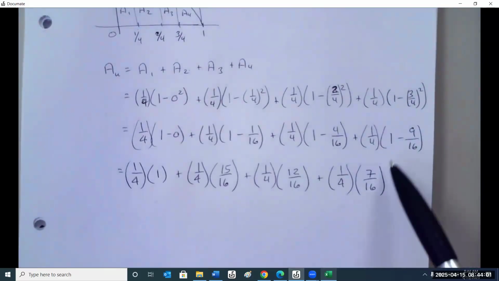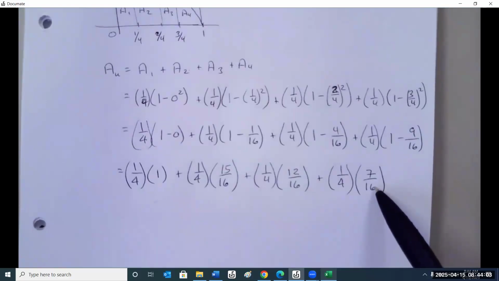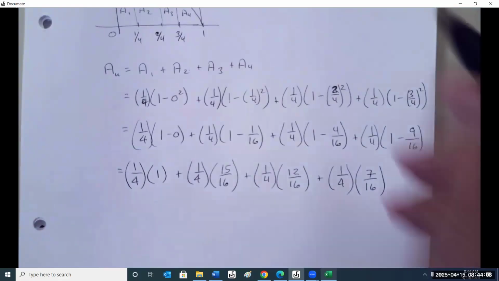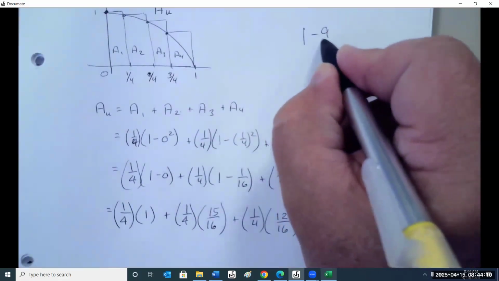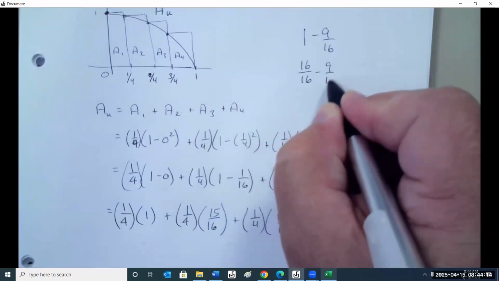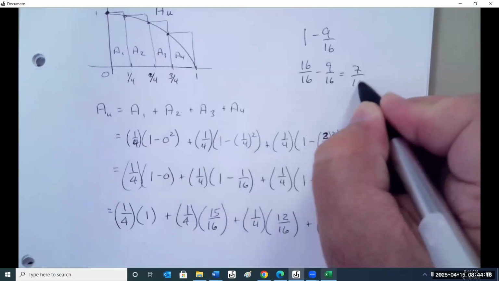I hope everybody knows where I'm getting these numbers from. 1 minus 9/16 is the same as 16/16 minus 9/16, which is 7/16.